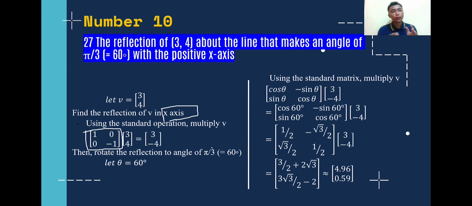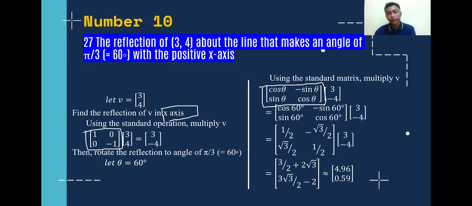And next we rotate the result of the reflection by π/3, or 90 degrees. So we use the standard formula for rotation in R2, and the result will be like this.